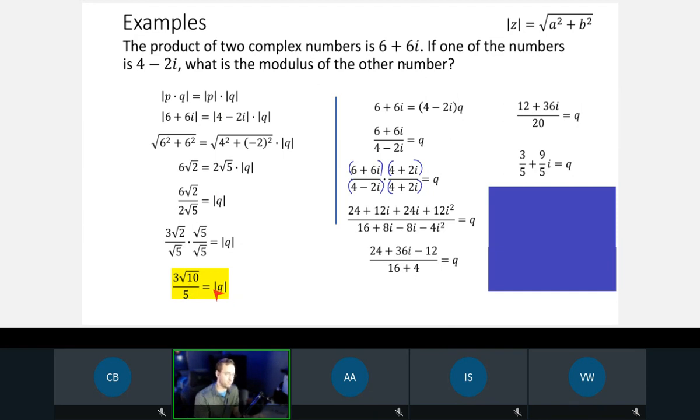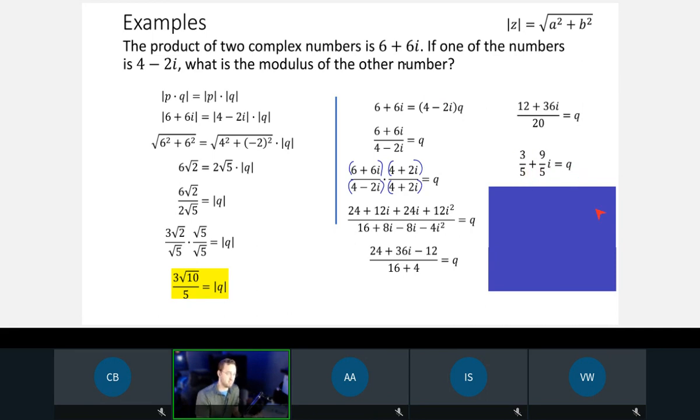It's not possible because there would be an infinite number of solutions. So if this problem says what is the other complex number, we would be forced to do this problem this way, and then right here we would stop. That means this right here tells us the other complex number is 3/5 plus 9/5 i.